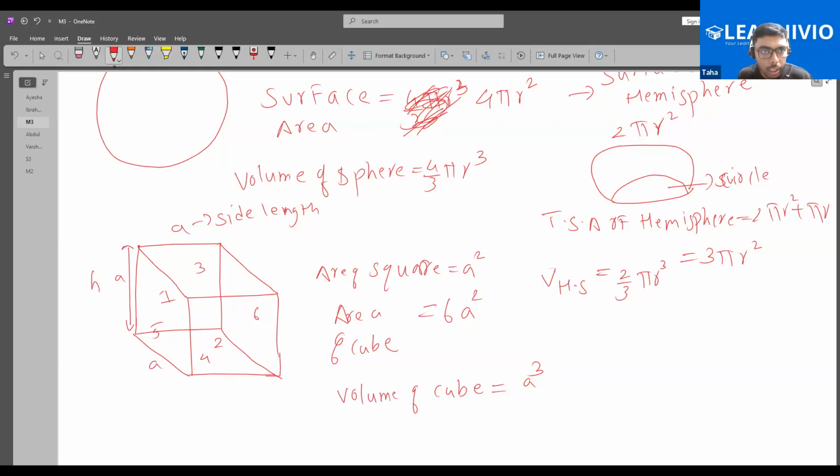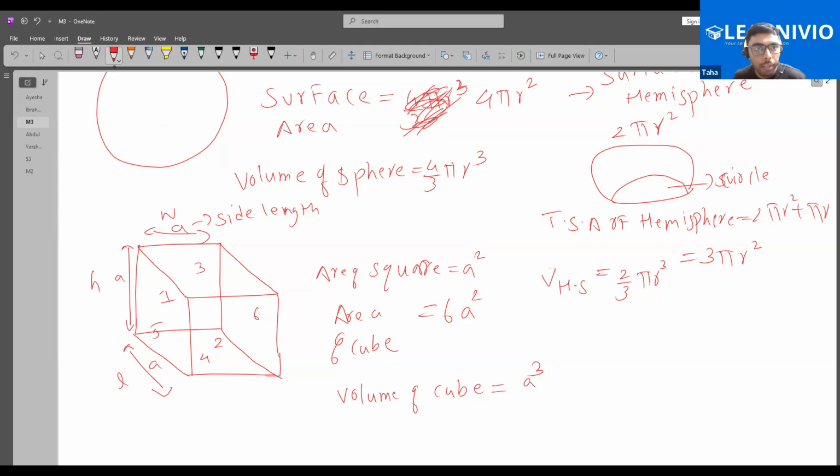This is the height, this is the length, and this is the width, right? So to calculate the volume, we will have to include the component of the height. That is how we introduce volume into the equation. So the volume of a cube would be multiplying that particular side length by the area of the square, which will give us a³.